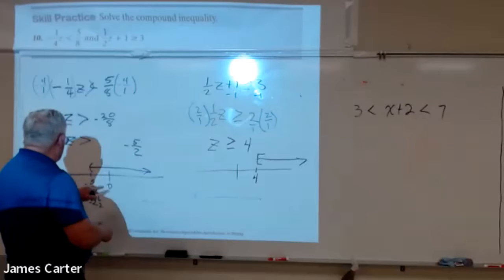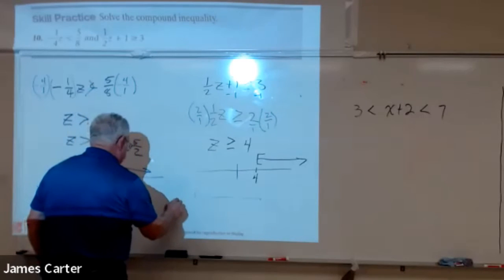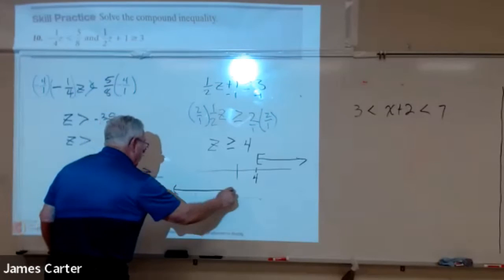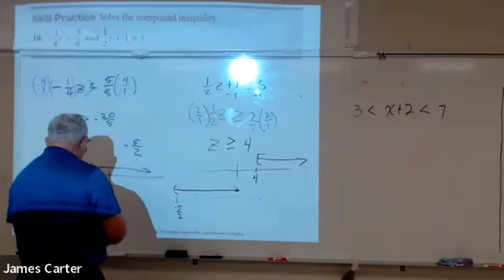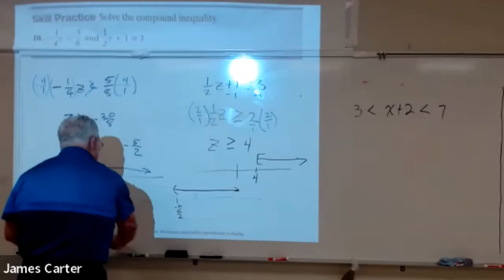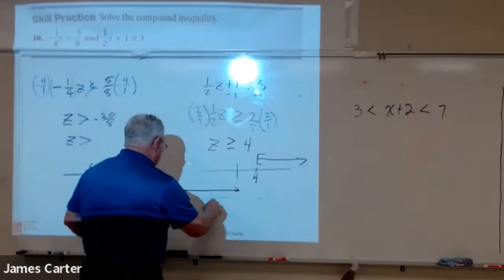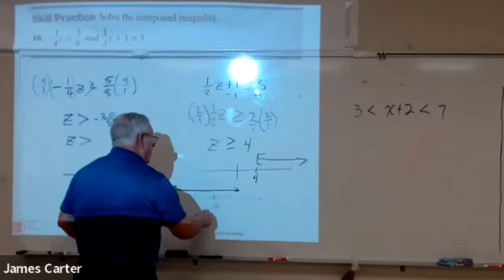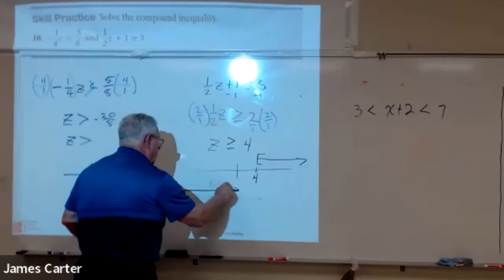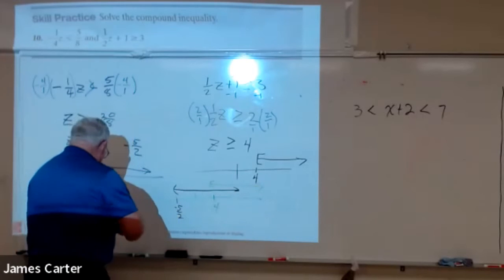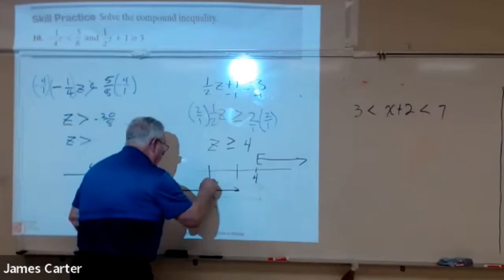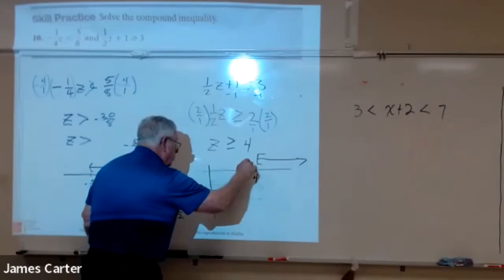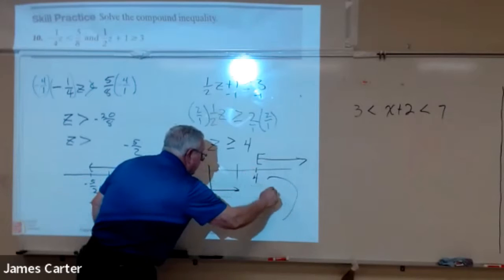Here I've got negative 5 halves this way, and I've got somewhere out here is 4, and it's going this way. So the shared areas for this problem are from here to there.